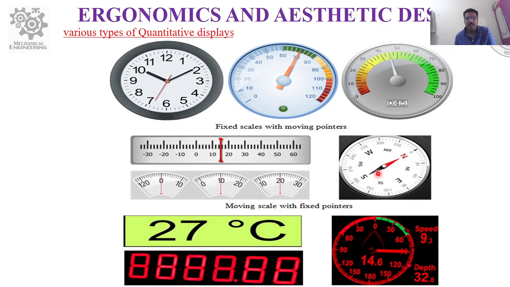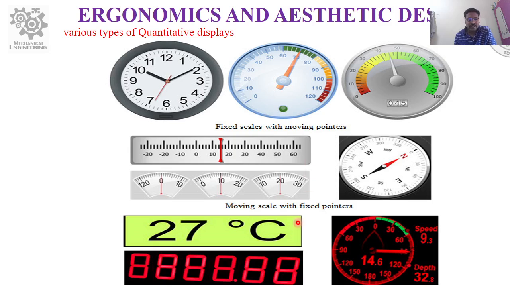The pointer is fixed and only the moving scale moves to give the information to observers or receivers. See, this fixed pointer just shows the reading on the moving scale. Weighing machines, navigation instruments or other scale information use this. So these are the three basic display systems.